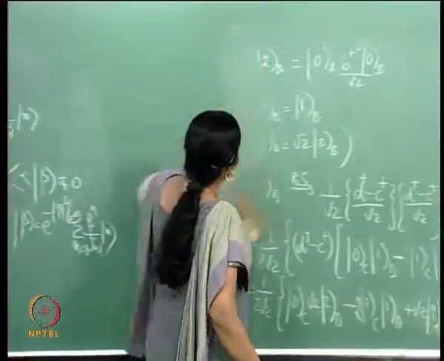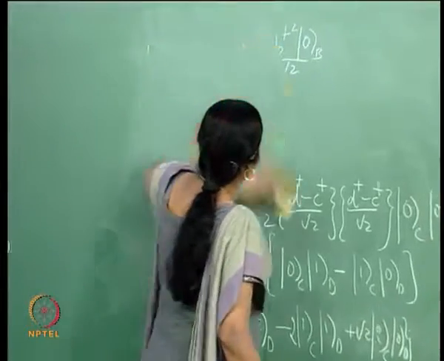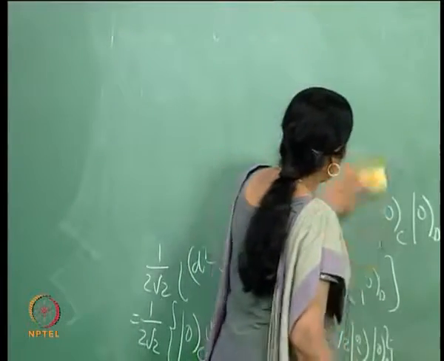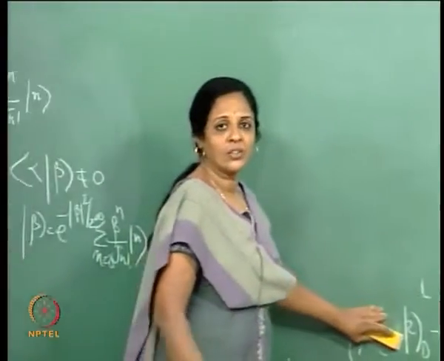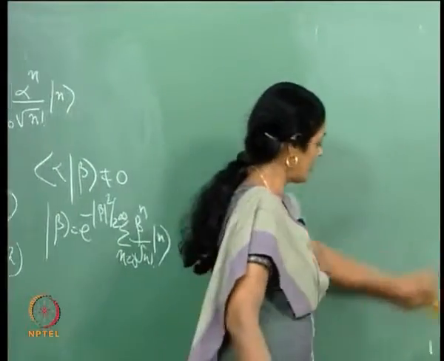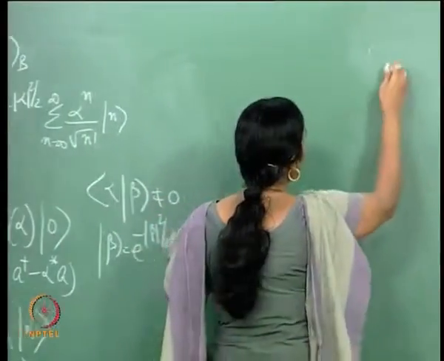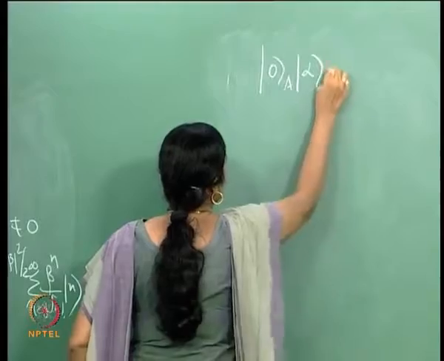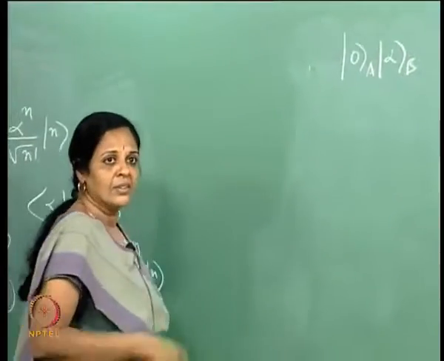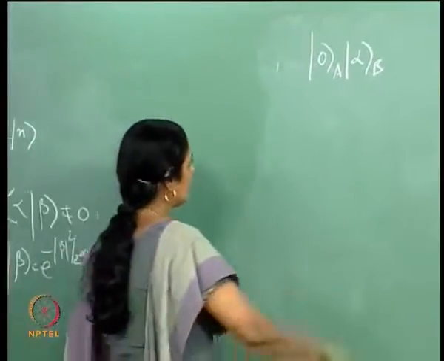So, now let us consider this input state. D(α) itself is a unitary operator, satisfying D†(α) is D(−α). So, now I have an input state |0⟩_A |α⟩_B, and this is passed through the beam splitter.